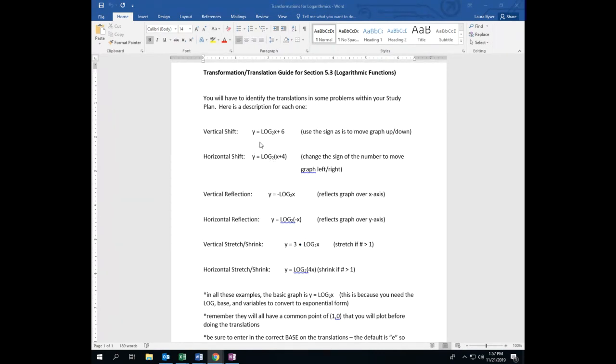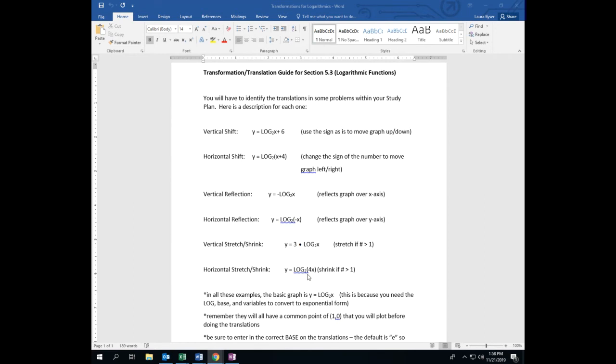It's just where they are in relation to the logarithm that's going to tell you. So you still have the shifts where you're adding or subtracting a number on the outside or the inside of the parentheses. You have reflections where there's a negative on the outside or the inside again. And then you have stretches and shrinks based on numbers being multiplied outside or inside.